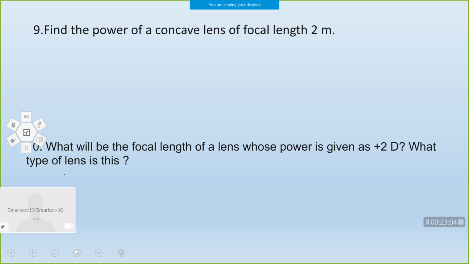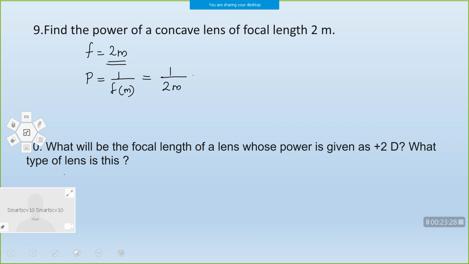So focal length is given as 2 meter. You have to find out the power. Here focal length is given in meters, so which equation can you use? Power is equal to 1 by F in meters. So that is equal to 1 by 2 meter.